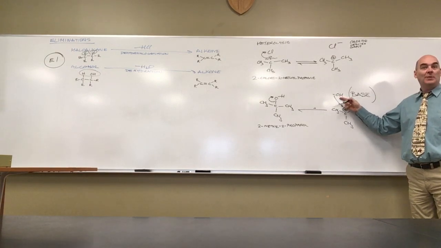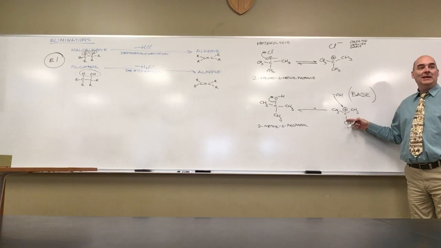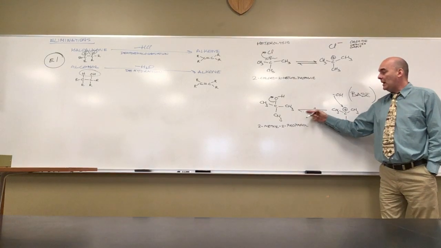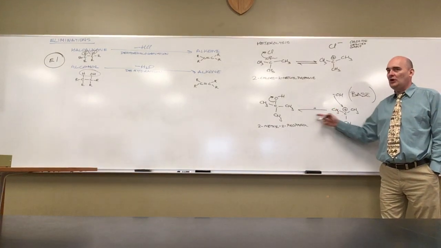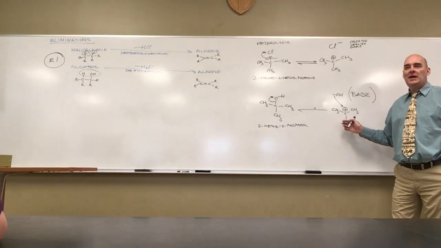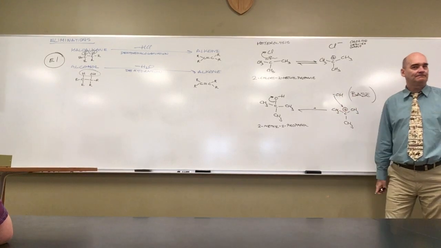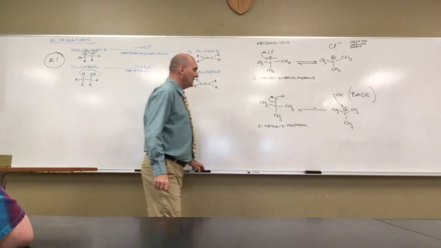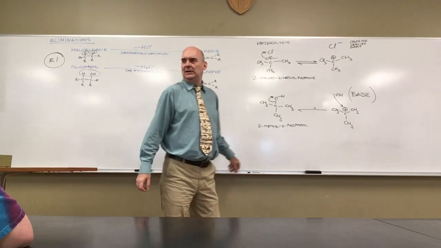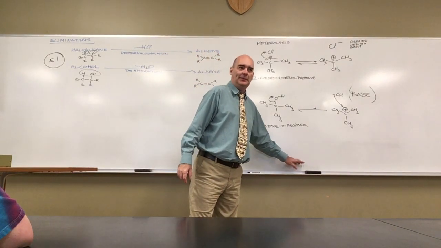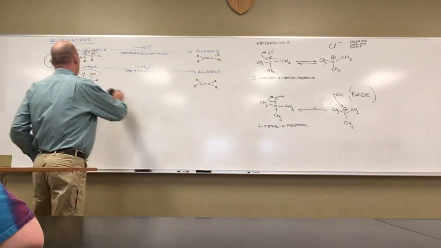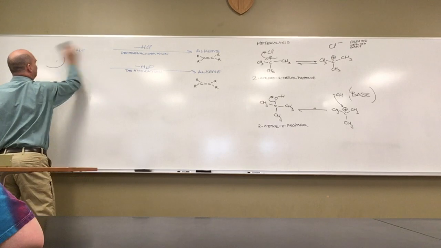They are electron pair donors. It's going to make that bond back in the blink of an eye. So our equilibrium lives so far to the left that this does not happen. So, not everything that's electronegative is automatically a leaving group. We have to look at how that works.